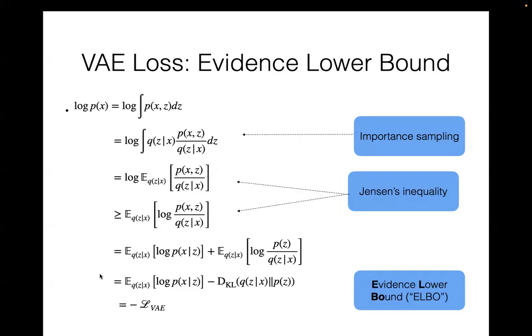Evidence is some Bayesian terminology for the log probability or the data distribution. When we talk about diffusion, they'll run into this again, and they'll have to come up with this evidence lower bound to derive a training procedure. So it's good to at least have seen this.